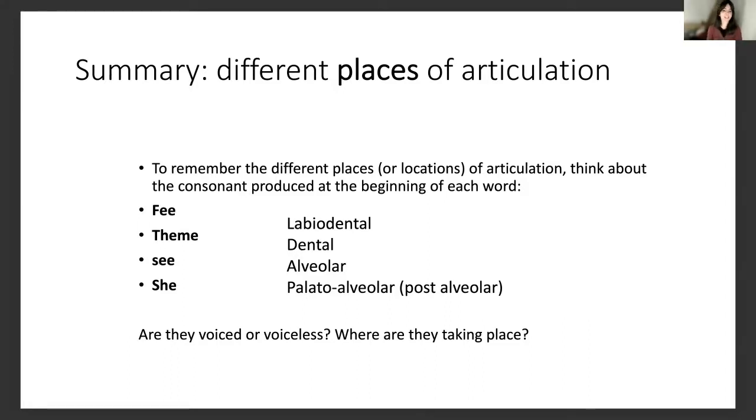So it's interdental. "C" has the tip of my tongue towards the alveolar ridge. So that's an alveolar sound. "She" has the kind of center part, kind of blade of my tongue against that area between the palatal and alveolar region.